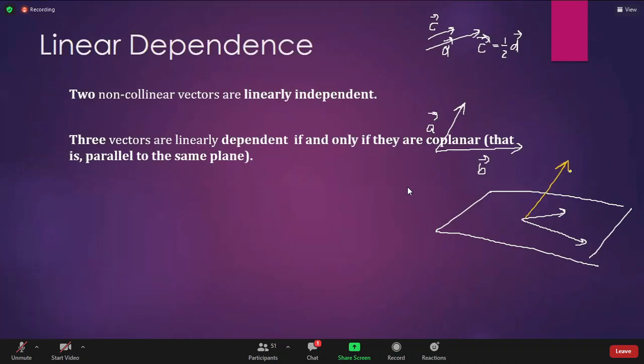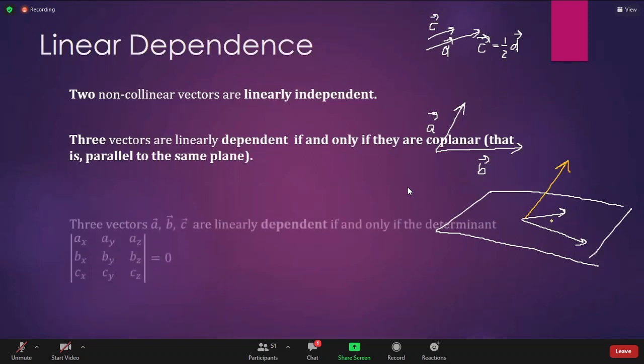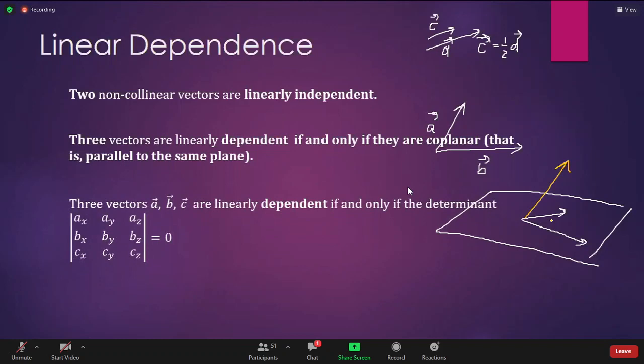So that it's not in the same plane, it's going outside, for example, up, like this. So in principle, these vectors are independent, because the yellow vector is not in the same plane. It cannot be expressed using the white vectors. And of course, they are independent.